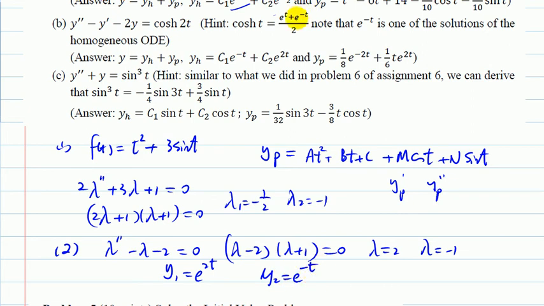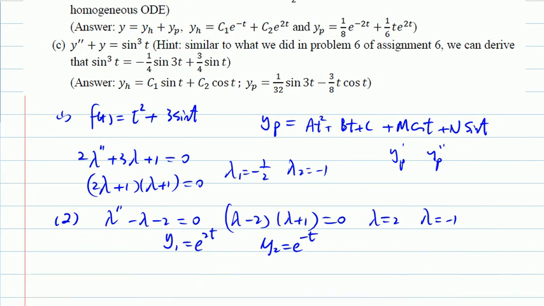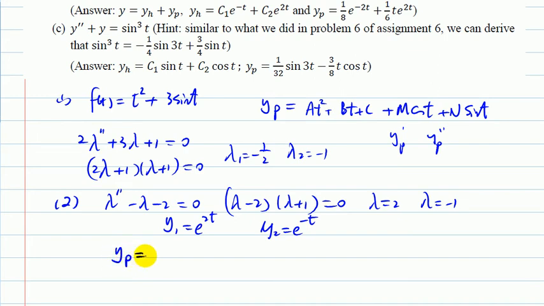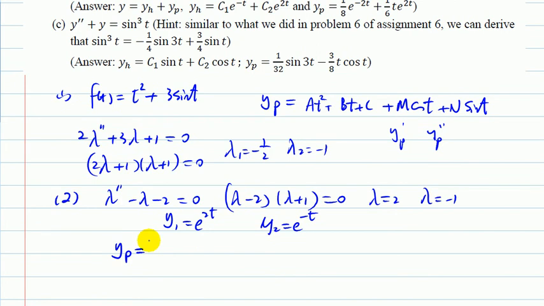What you have here is e to the power of negative t over 2, the part which duplicates one of the base solutions. Then for your base function selection, your yp, the particular solution, for e to the power of t over 2, you can select, let's say, a e to the power of t over 2. But for this one here, you need to multiply by t, and that's your initial guess.